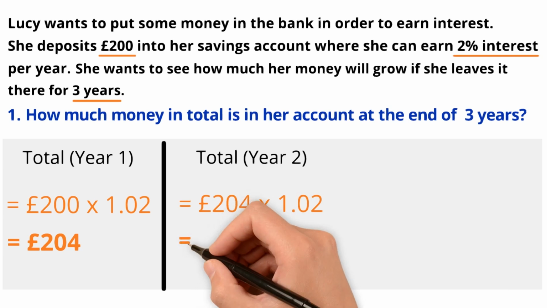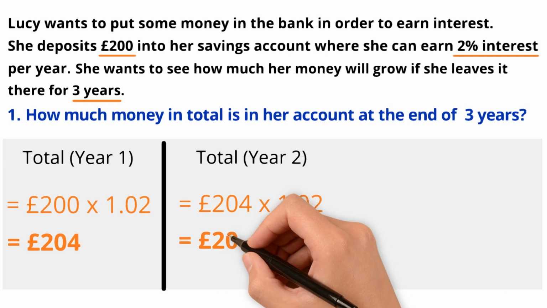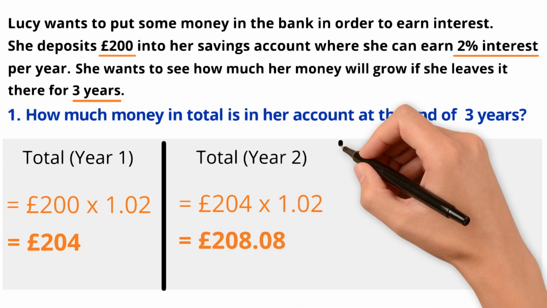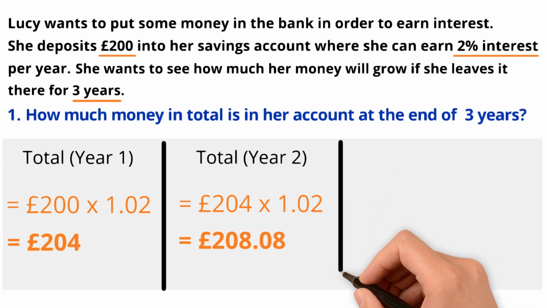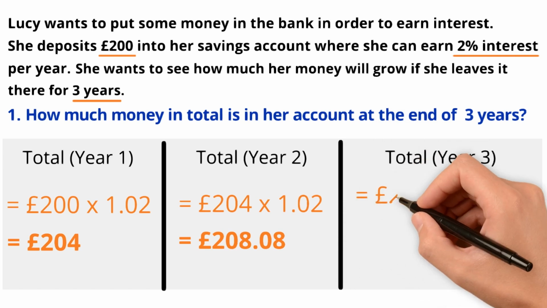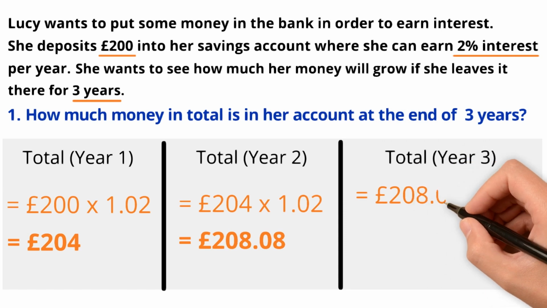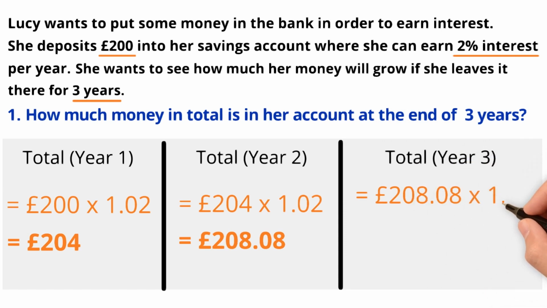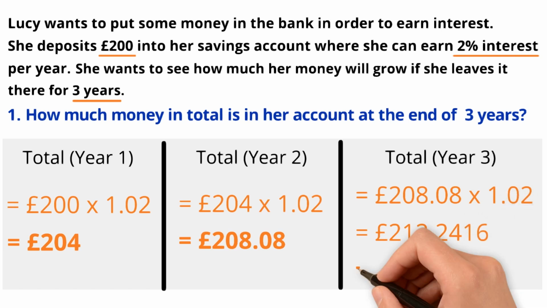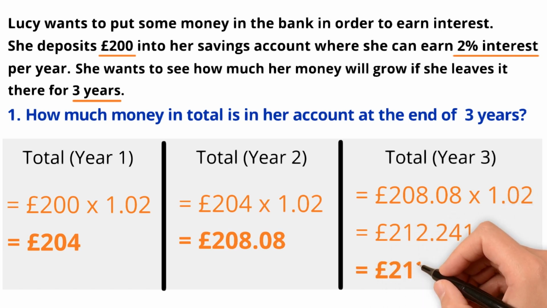As we can see, at the end of the second year, Lucy now has £208 and 8 pence in her account. For the third and final year, we repeat the process, making sure to multiply the new amount in her account, £208 and 8 pence, by the multiplier, 1.02. So after 3 years, Lucy will have £212 24 pence in her account.